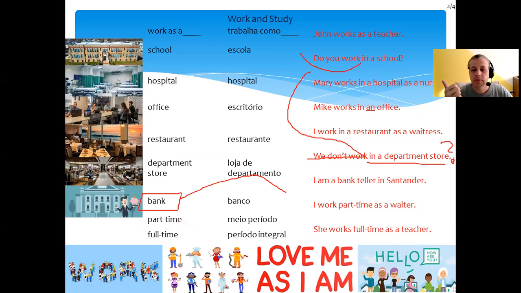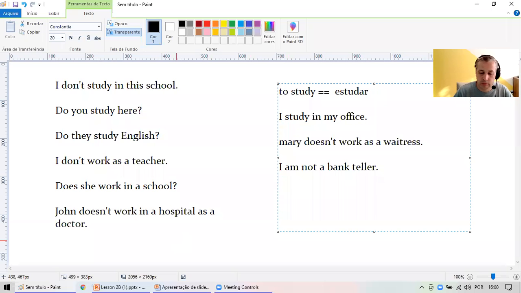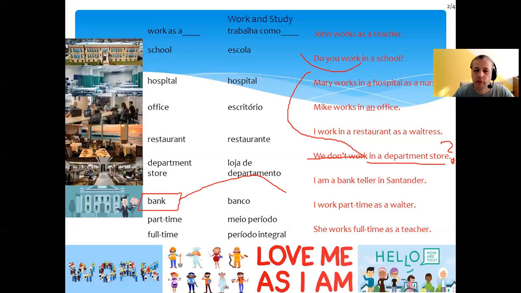Ela trabalha período integral como uma professora. Okay? Guys, how can you say, você trabalha período integral? Do you work full time? Do you work full time? Yes. That's it, guys. Well, that's it for today.